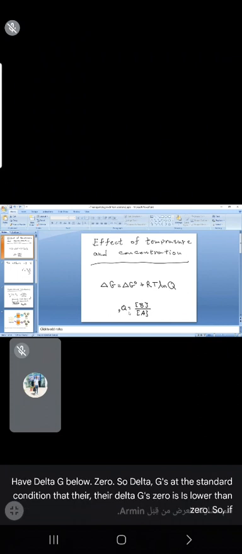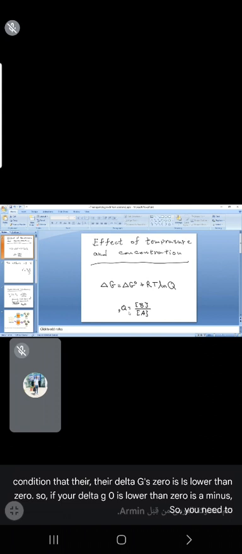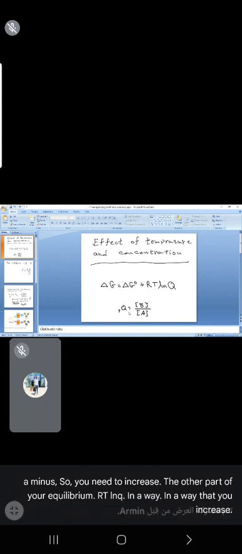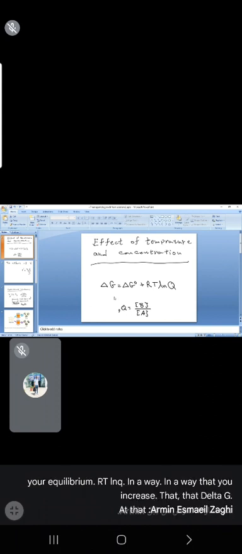So if your delta G zero is lower than zero, it's a minus. So you need to increase the other part, RT ln Q, in a way that delta G at that condition becomes close to zero.